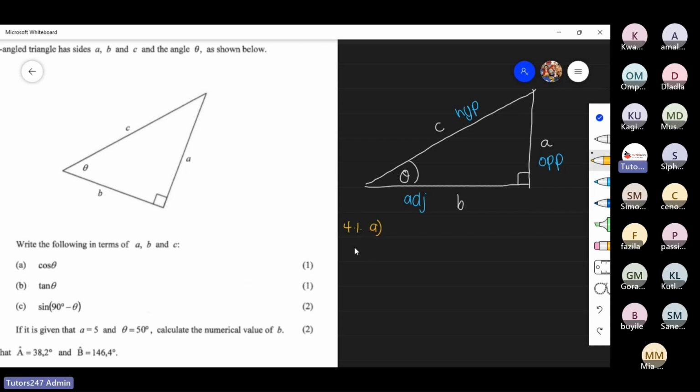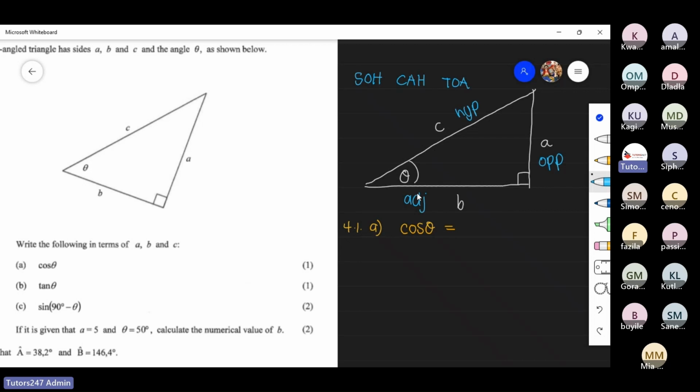So question A, write down the following in terms of A, B, and C. We need to write down what cos theta is equal to. In order for us to find cos theta, we need to know our SOHCAHTOA, right? Now we are dealing with cos, so we're going to look at CAH.